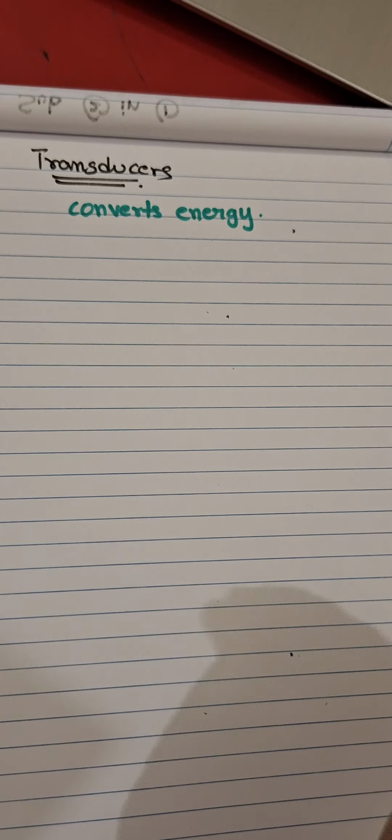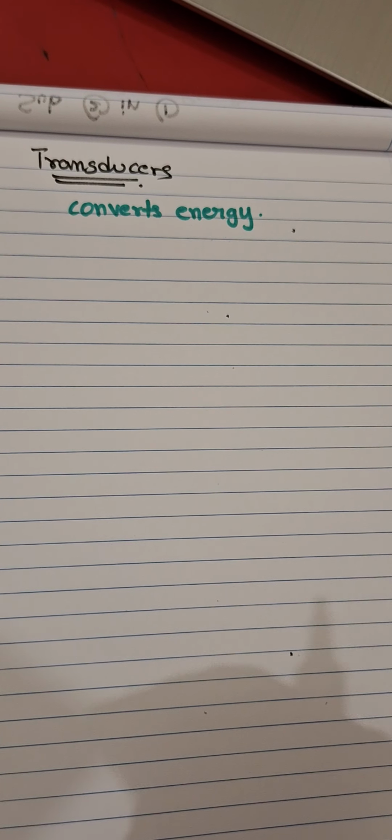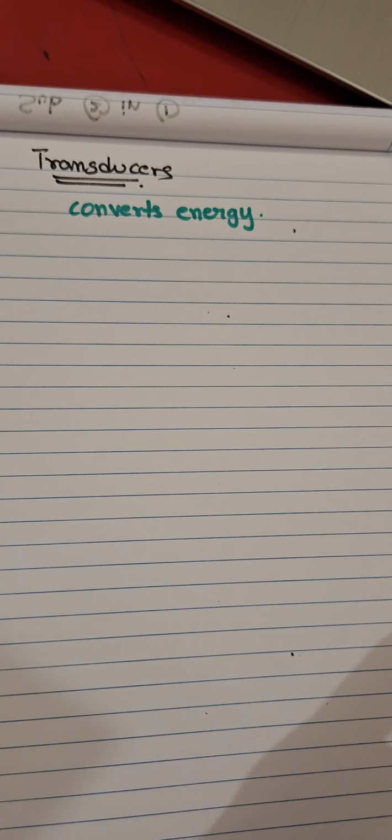So to know the values you need some devices, and all the quantities are not easily measurable, and they are not easily displayed also, because it's not only required to measure, in the same way the measured quantity should be visible to us so that we can take note of it, right? So that's the reason the transducers were introduced.